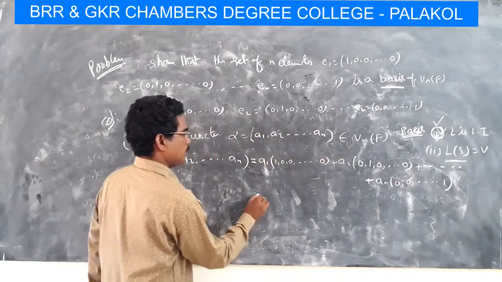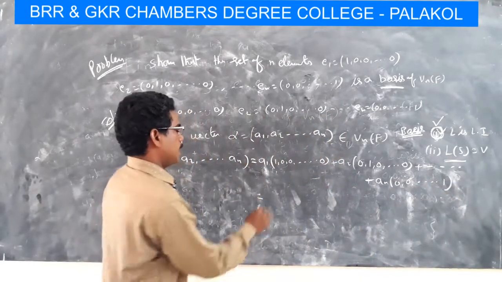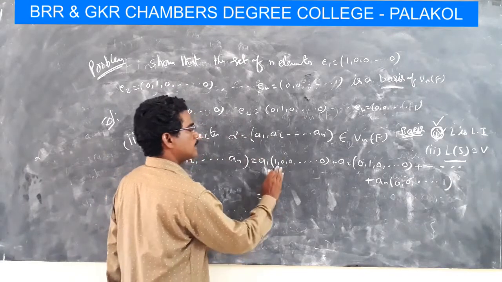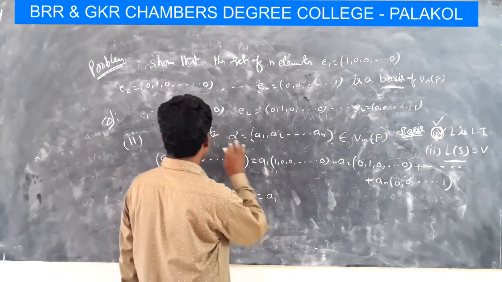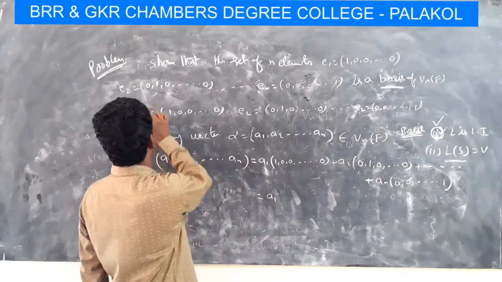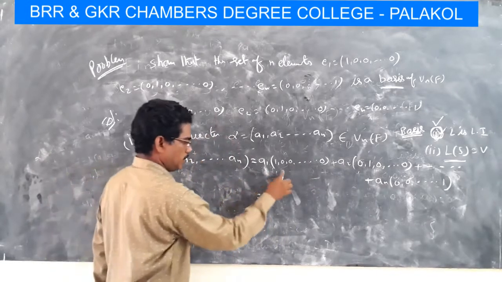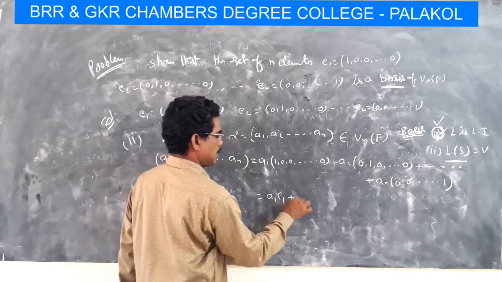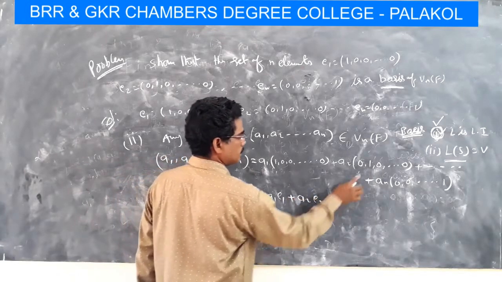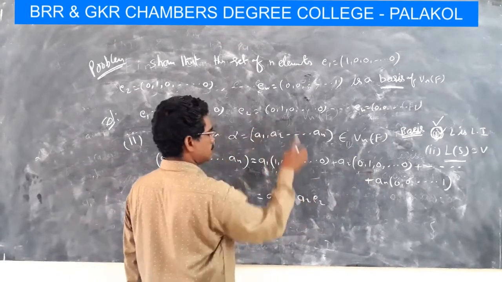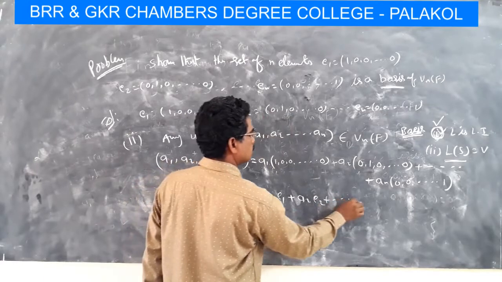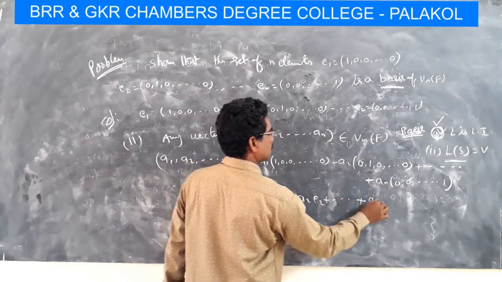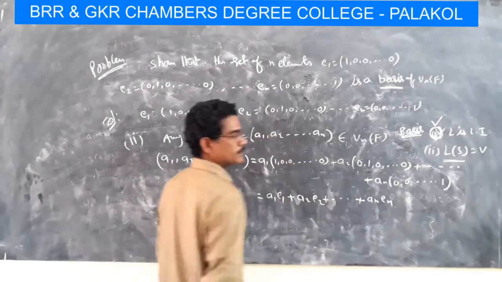So here the elements 1, 0, 0 are the elements of e1, so a1 into e1 plus a2 into e2, these are the e2 elements, plus and so on plus an into en.